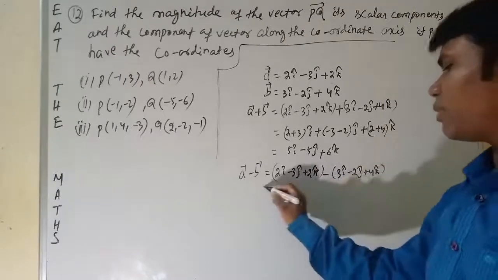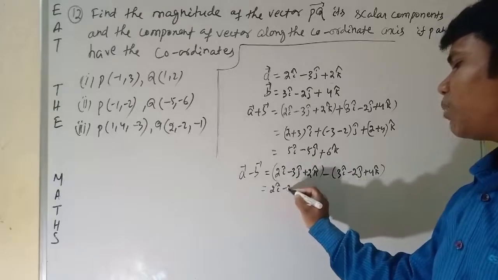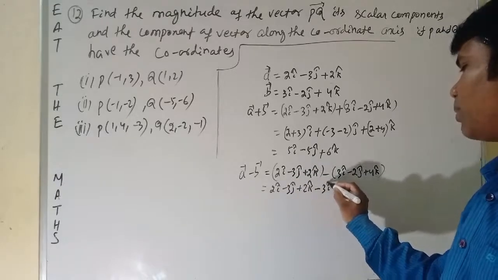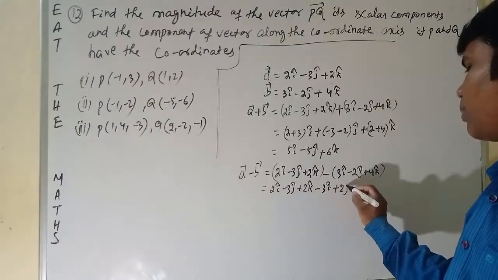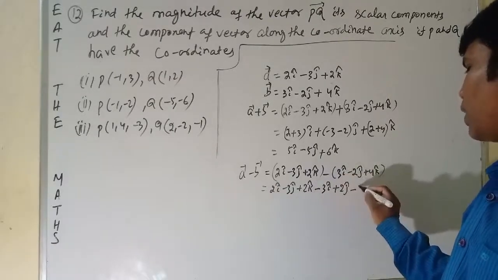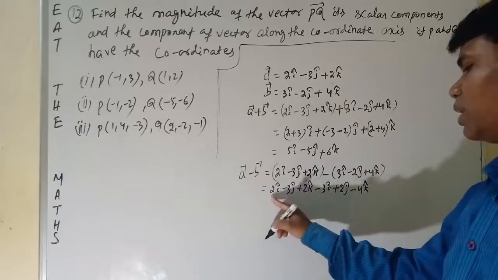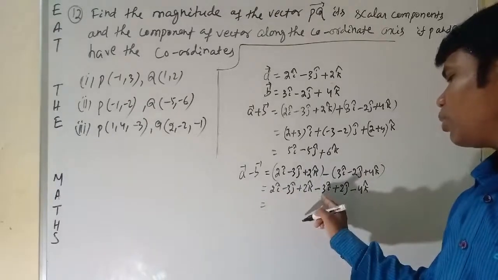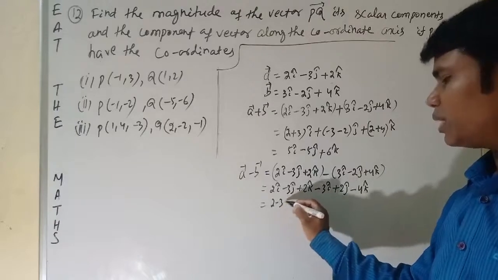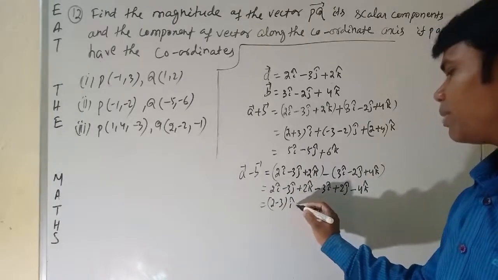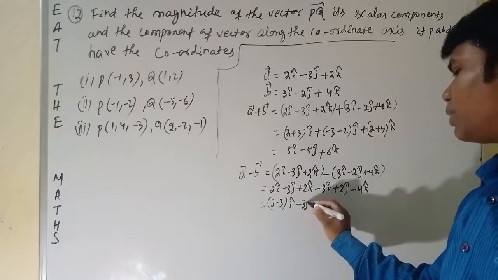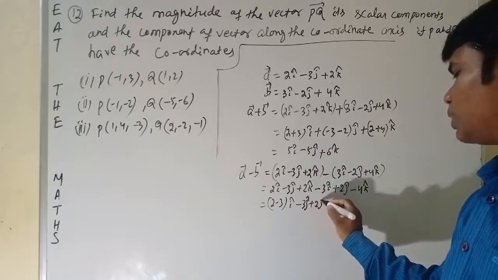This becomes 2 i cap minus 3 j cap plus 2 k cap minus 3 i cap, minus minus plus 2 j cap, minus 4 k cap. So 2 i cap minus 3 i cap, and minus 3 j cap plus 2 j cap.